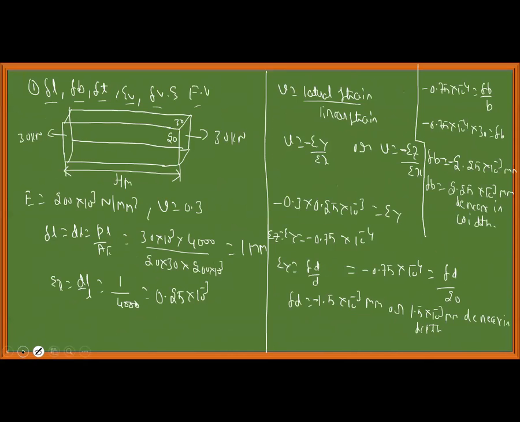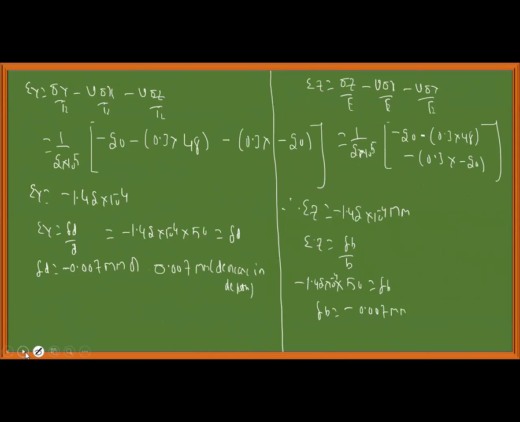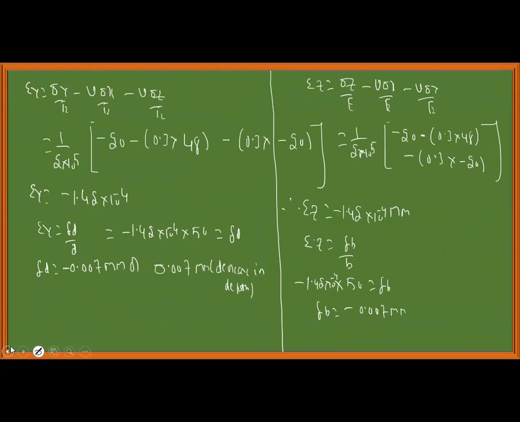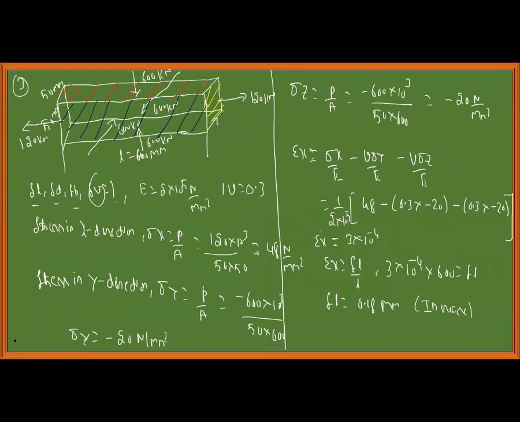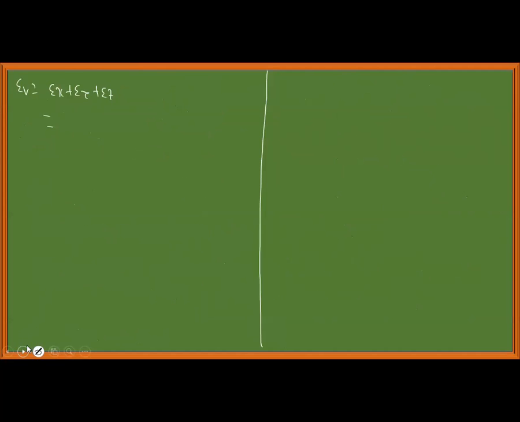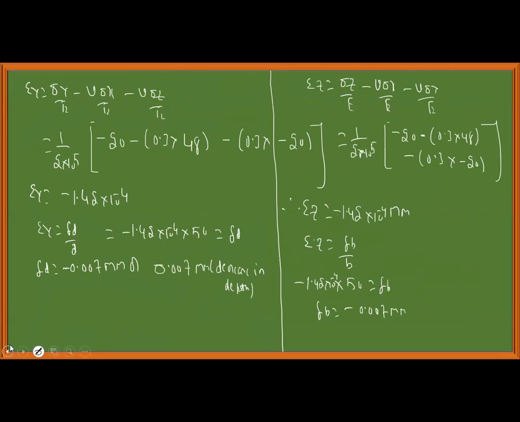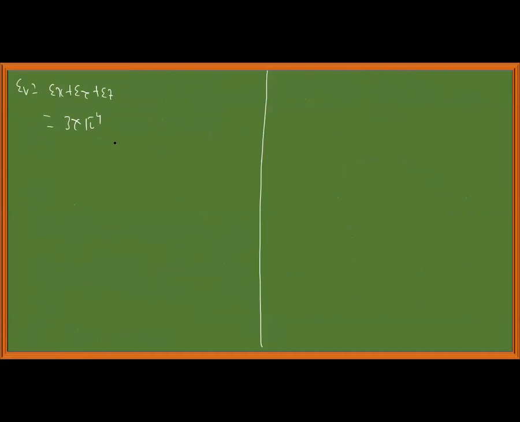Okay. Or you can directly write epsilon x plus epsilon y plus epsilon z, which is nothing but equal to 3 into 10 power minus 4 minus 1.42 into 10 power minus 4 minus 1.42 into 10 power minus 4.